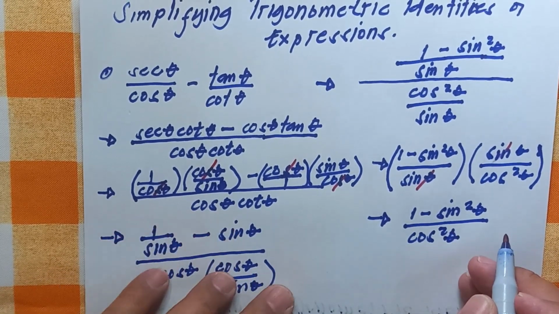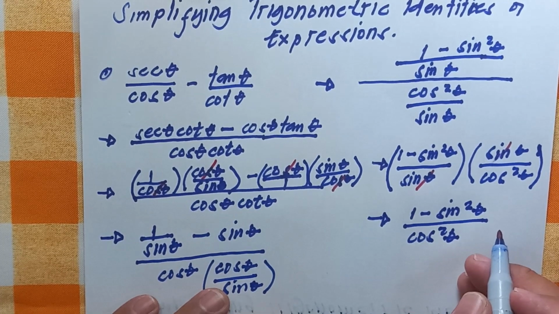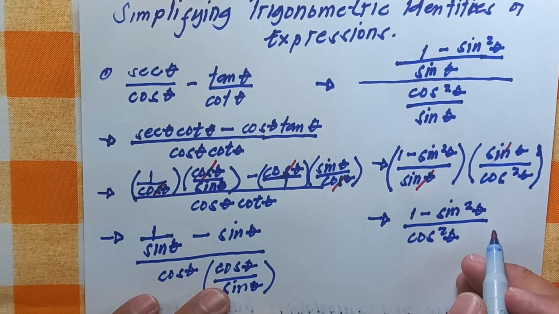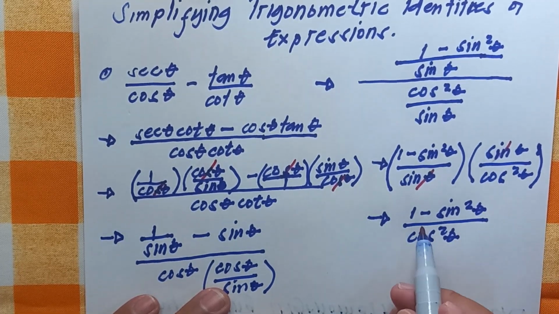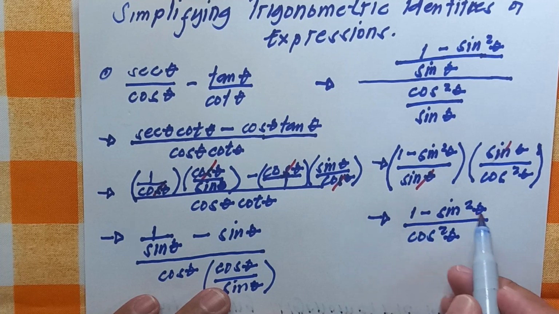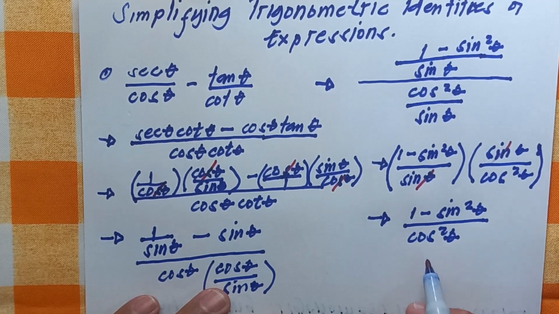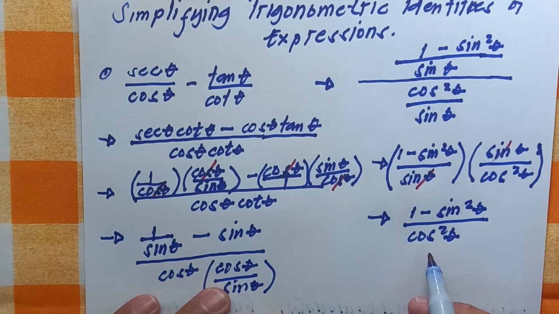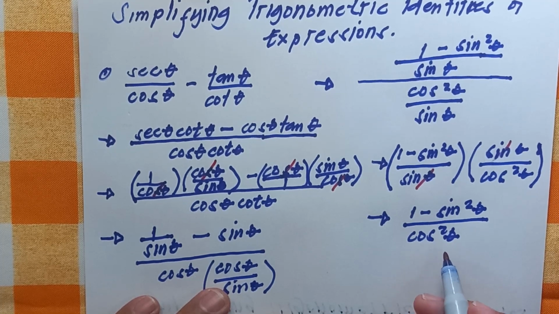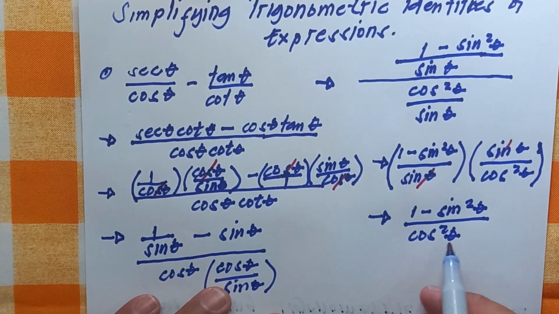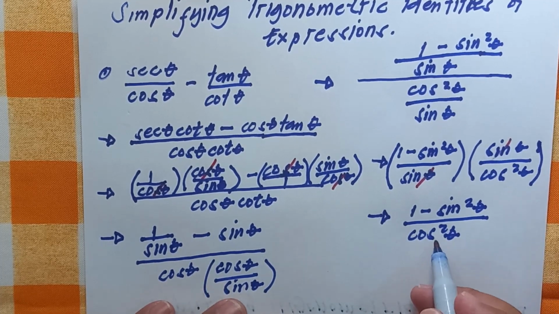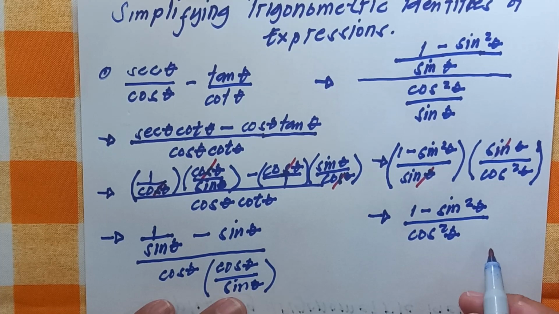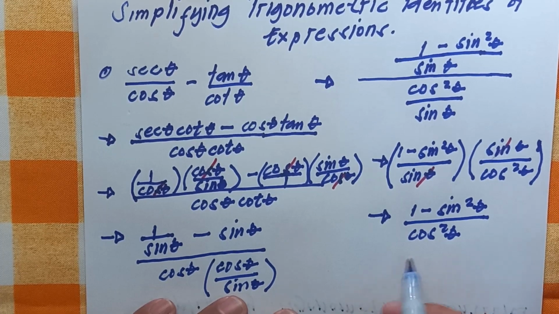Now you notice that when we look into this one, the result is 1 minus sine squared theta over cosine squared theta. Remember that cosine squared theta in the Pythagorean theorem, the value of this one is actually the value of this one in the Pythagorean theorem.